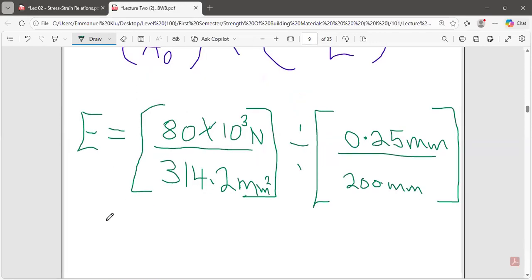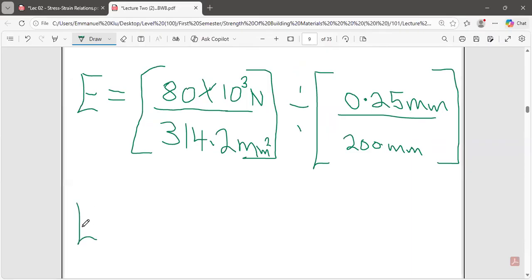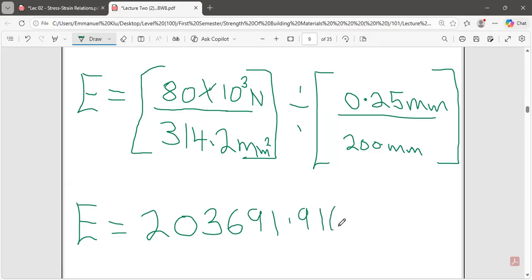At the end of the day, I'm getting E to be equal to 203,691.916 Newton per millimeter squared. Exactly.